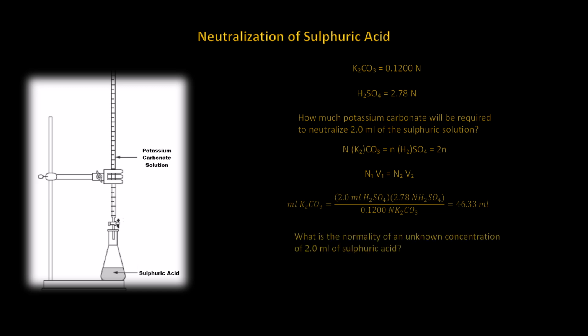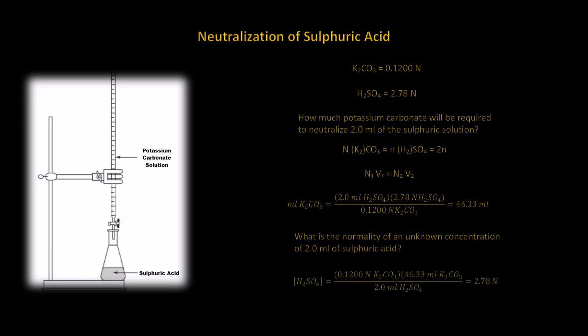However, if the concentration of the sulfuric acid was not known, a titration could be conducted. If it took 46.33 milliliters to reach the end point of the titration, the formula N1V1 equals N2V2 can now also be used.